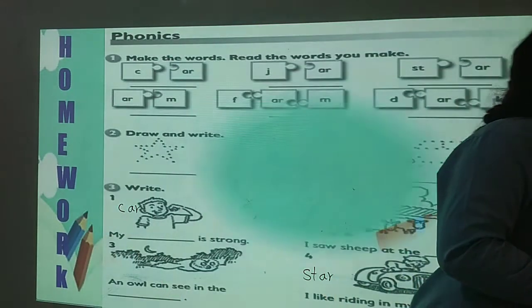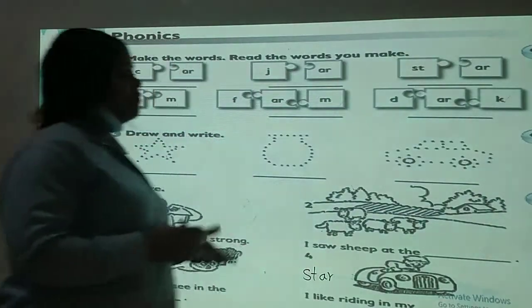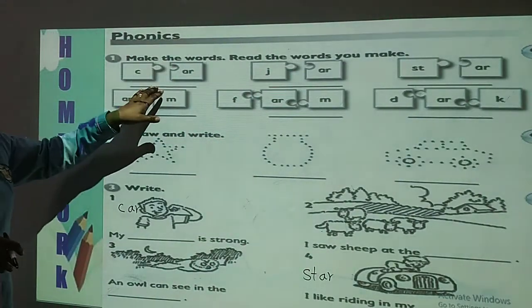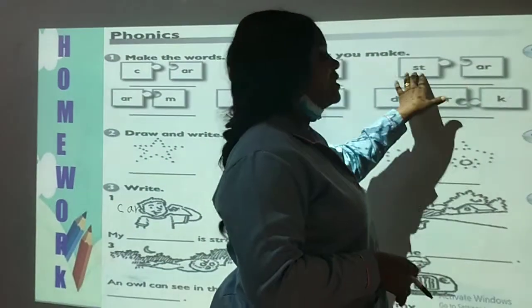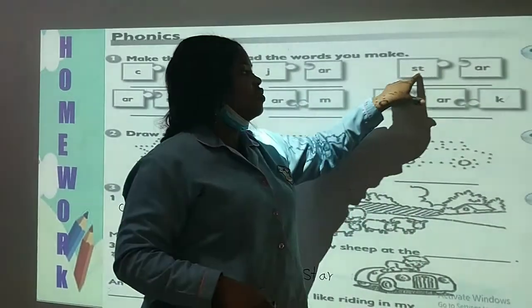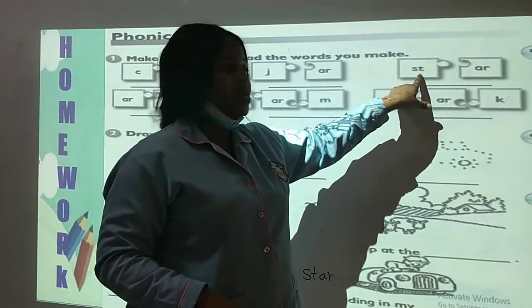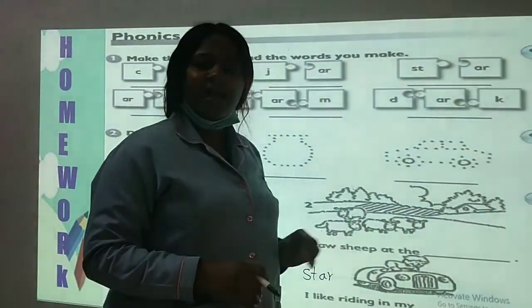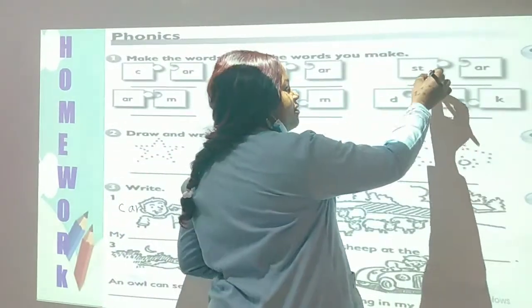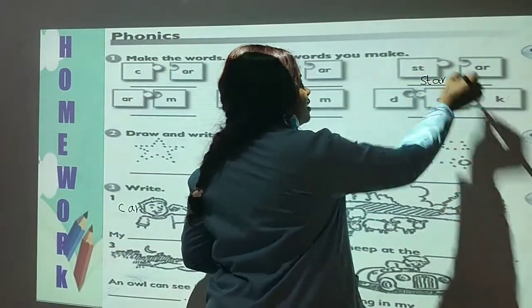So this is your homework. This homework is still on phonics. I want you to blend this, put the words down, blend this and make the word. When you see these two letters like this, it sounds as st, then star. Then you have it as star.